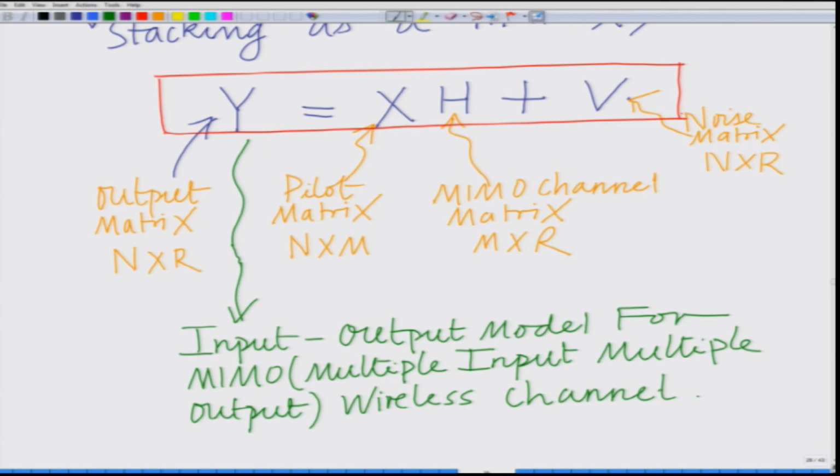Alright. So, this is the input output model for the multiple input multiple output wireless channel.